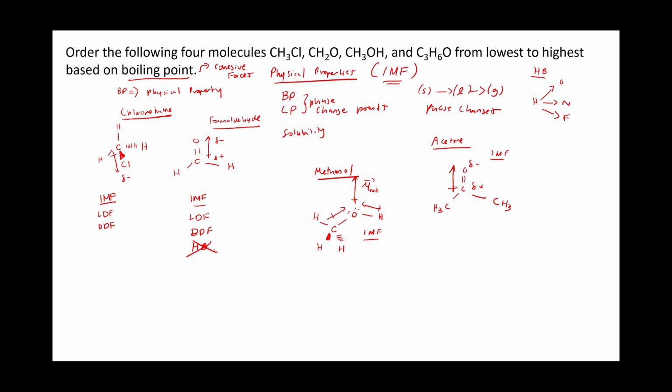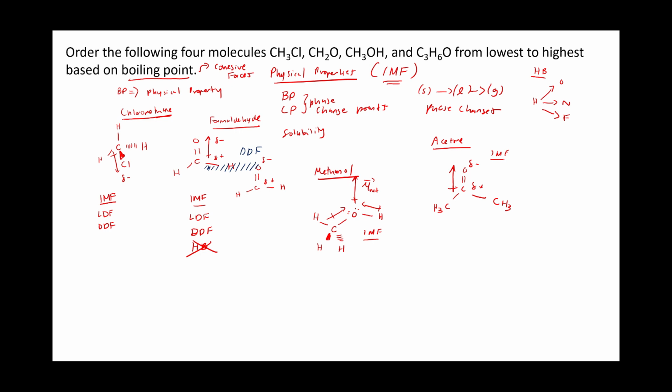You can understand this if you put another formaldehyde molecule next to it. This is partial negative, this is partial positive, and you would notice that the positive and negative regions would attract. So you would see the dipole-dipole force here, but there is no hydrogen bonding.